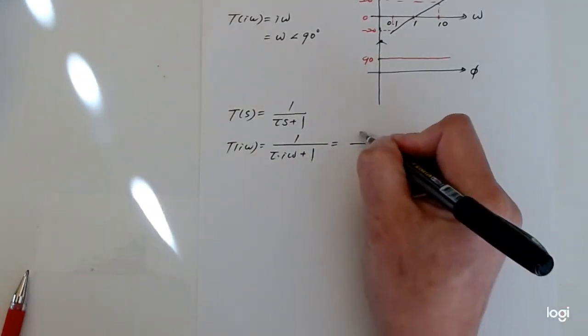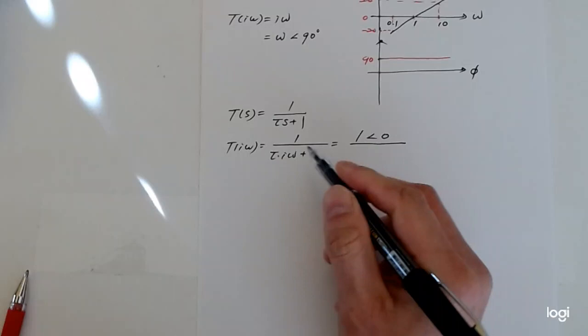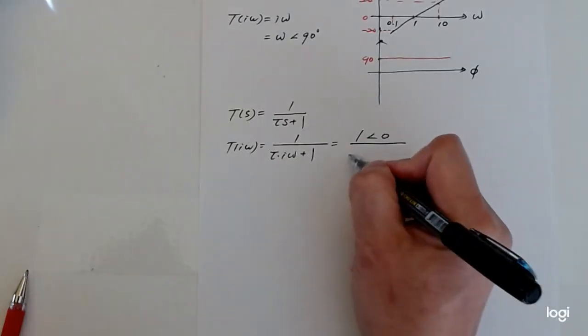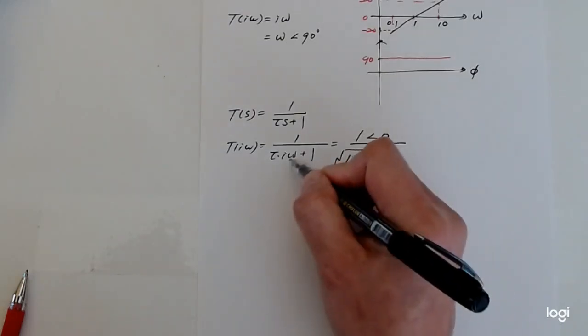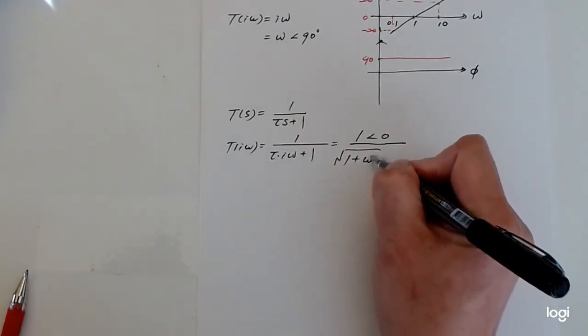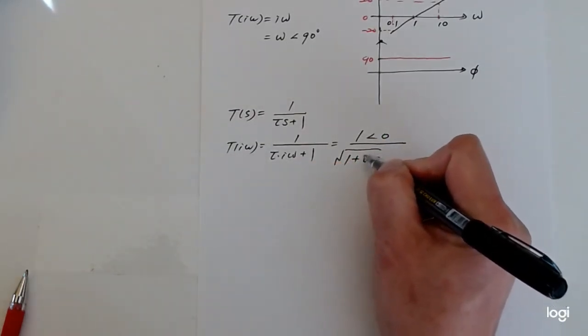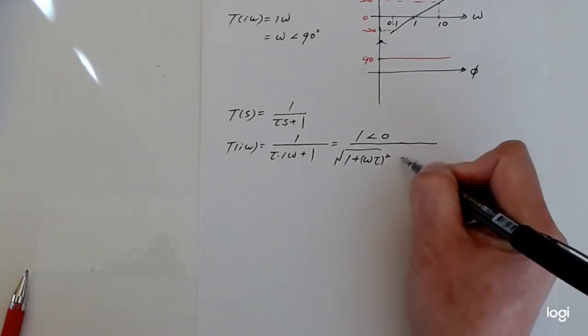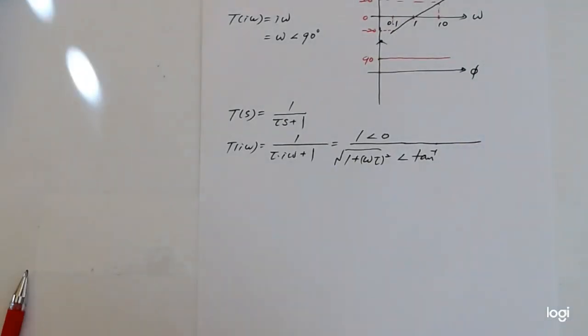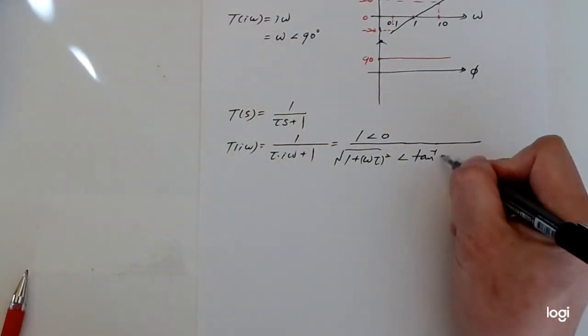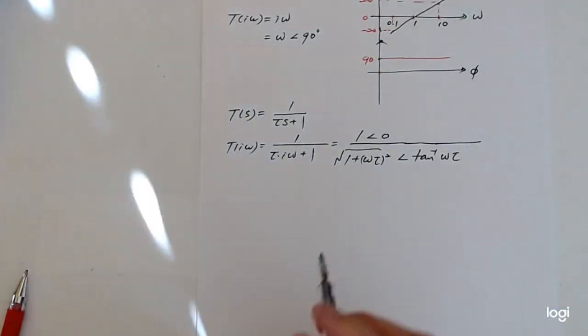Let's do it quickly. The magnitude is the square root of real squared plus imaginary squared, omega tau squared, and the phase angle is the arctangent of imaginary over real.